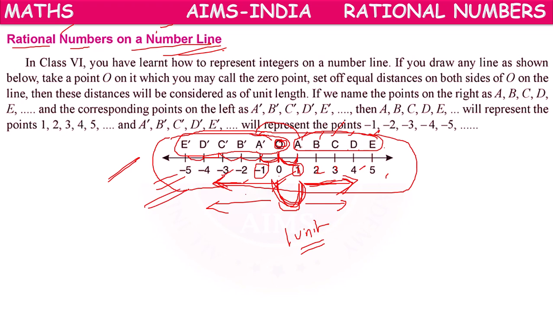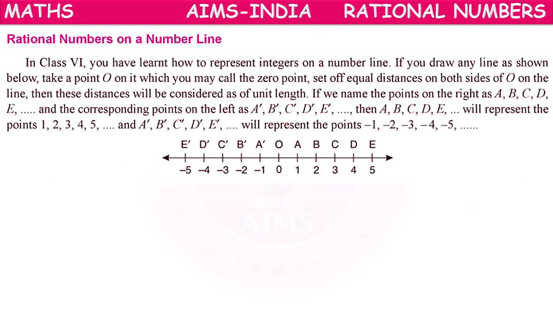Now in this video, as we have drawn a number line for integers, in the same way, how to draw a number line for rational numbers, that is our main topic here.